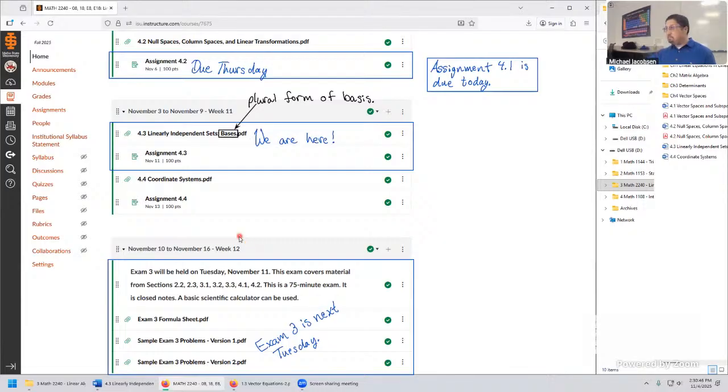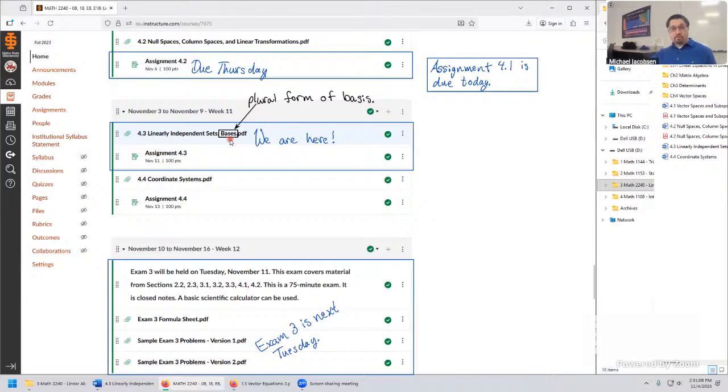Okay, well, we're going to be moving through chapter 4 this week. We're currently in section 4.3. And 4.3 is pretty nice in a way because we're revisiting some older material that we've seen before, linear independence. We're going to combine independence with spanning and come up with a new concept, a basis. So the words here, linear dependent sets and bases.